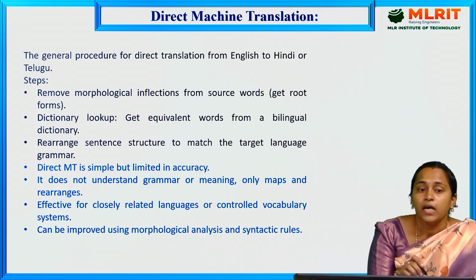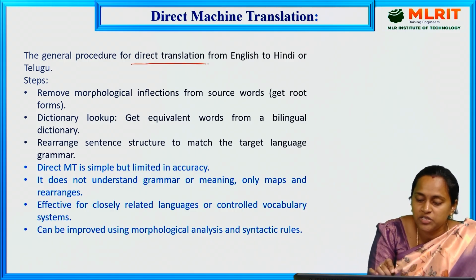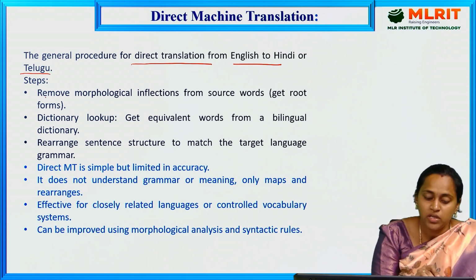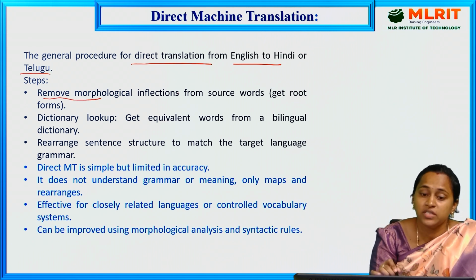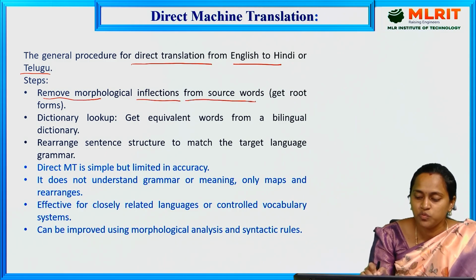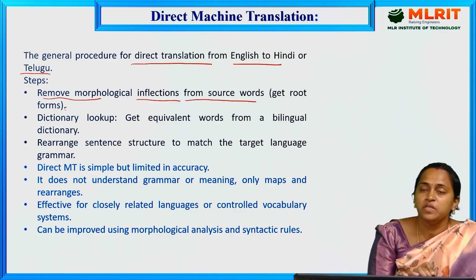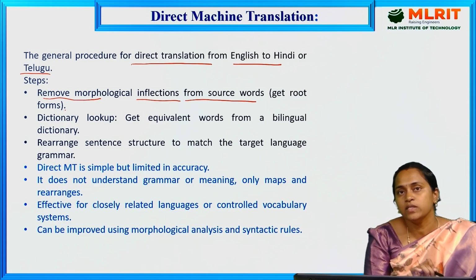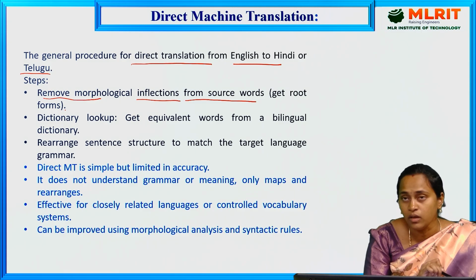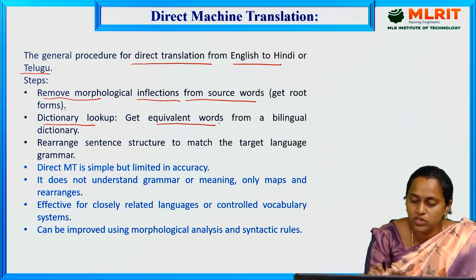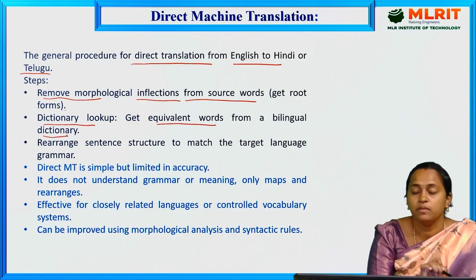Let's see the general procedure for direct translation from English to Hindi or Telugu. They have to follow some steps. That means we have to remove the morphological inflections, such as gender and number, from source words to root forms. That means we have to find the root word of each word in the sentence. Here we perform the stemming and lemmatization process. Then the dictionary lookup: get equivalent words from the bilingual dictionary.